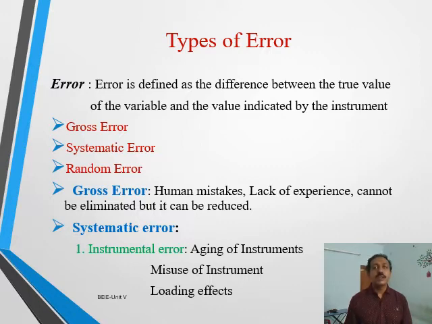If the person doesn't know how to do the zero correction or how to handle the instrument, this type of instrumental error will happen. Or due to loading effects. For a suitable measurement, we have to choose the suitable measuring instrument. If we are loading an instrument above its capacity, above its ability, the loading effect problems will happen, and that leads to instrumental error.